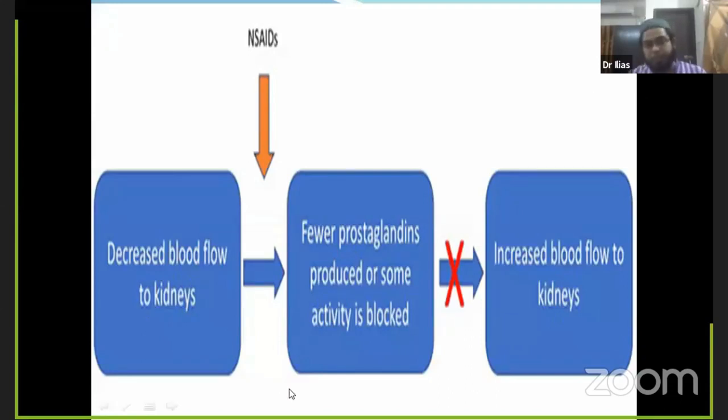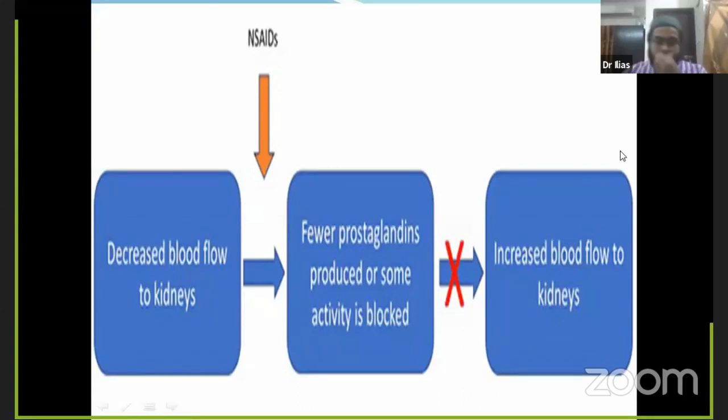But what happens in the case of NSAIDs? In this condition of decreased blood flow, that is, the hypoxic condition of the kidney, if we prescribe an NSAID, it will interrupt the formation of the renoprotective prostaglandins. As a consequence, the kidney itself can't maintain homeostasis, and the patient will have more aggravation of the kidney problems.